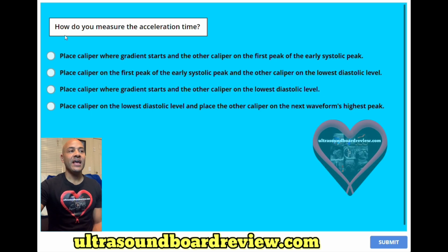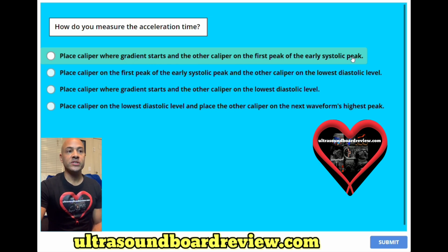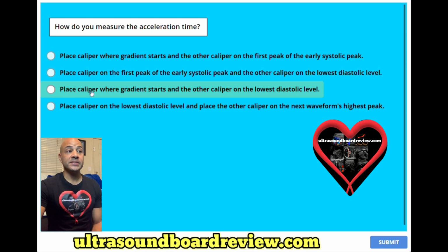Question 96. How do you measure the acceleration time? A, place caliper where gradient starts and the other caliper on the first peak of the early systolic peak. B, place caliper on the first peak of the early systolic peak and the other caliper on the lowest diastolic level. C, place caliper where gradient starts and the other caliper on the lowest diastolic level.